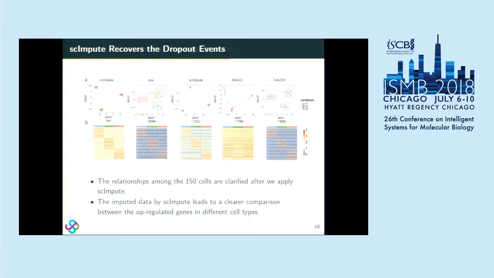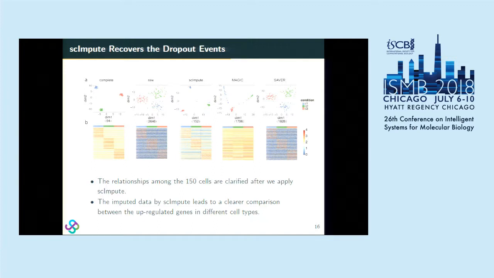And then in the third column, after we apply scImpute, the relationships among the 150 cells are clarified. In contrast, if we use MAGIC, which corresponds to the fourth column, it introduces this structure that does not exist in the complete data. And SAVER does not have a very clear impact on the raw data in this example.